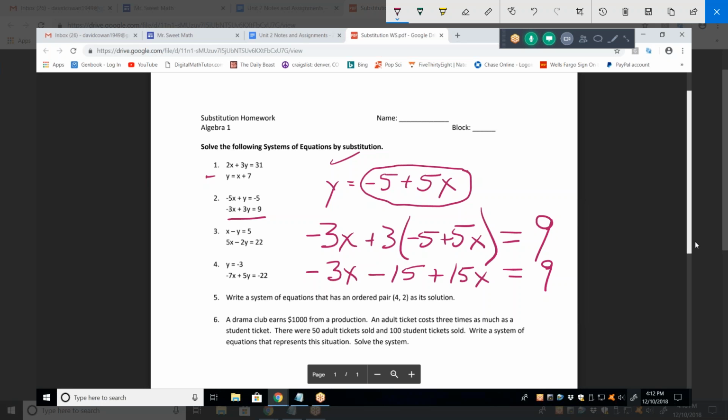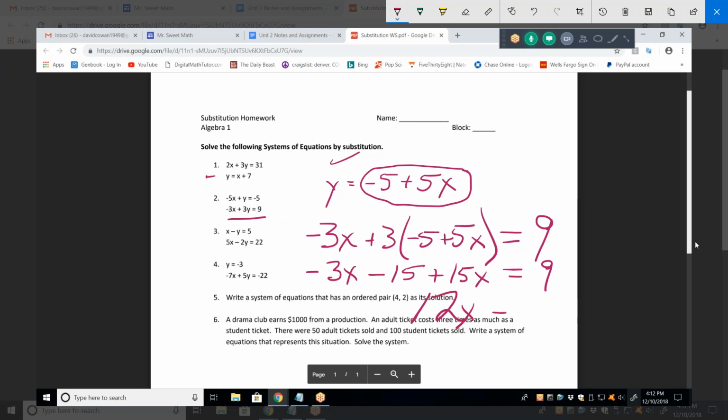You can do that in 2 steps if you want, but you can think of it as one step. I'm combining all the x's, and I'm going to combine all the numbers. So what are all the x's equal to? Positive 12. 12x, okay.